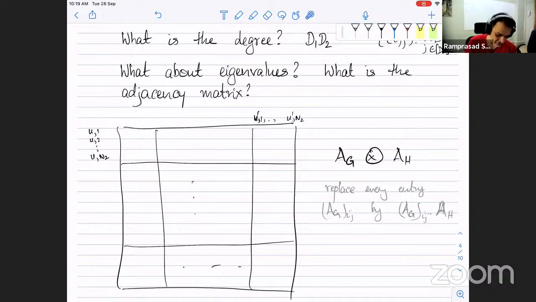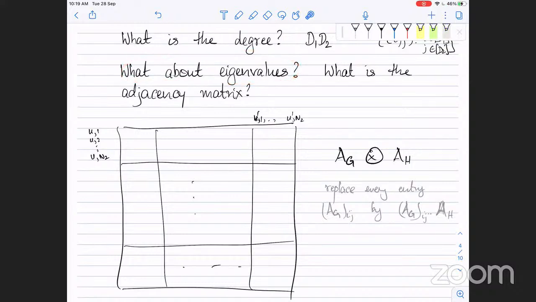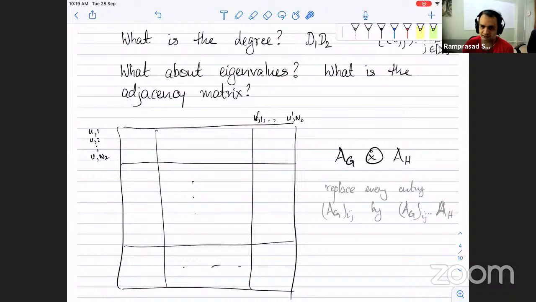So we have now understood what the adjacency matrix looks like. We still need to figure out what the eigenvalues of this are. One question: in the adjacency matrix there were some entries like 2. What does there being a 2 mean?